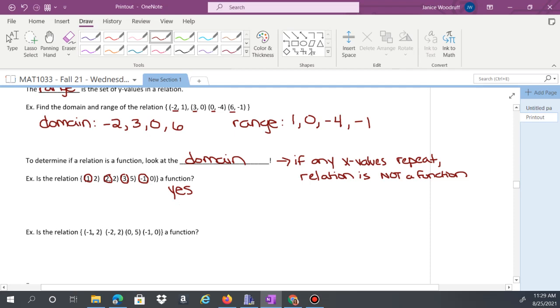In this next example, I have -1, -2, 0, and -1. I have repeaters with my -1s. So here I would say no, this relation is not a function. I'm only looking at the x values. I'm ignoring the y values when looking at this.